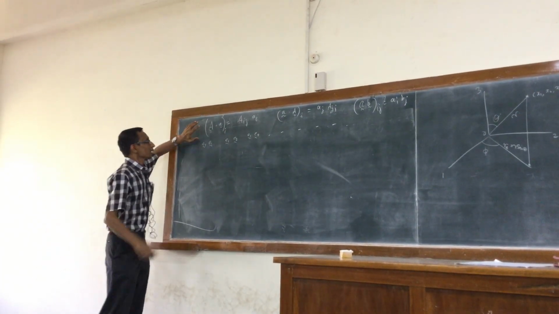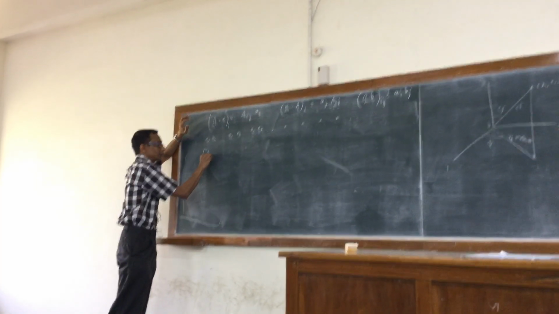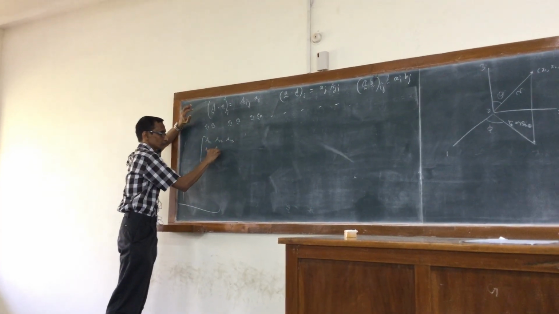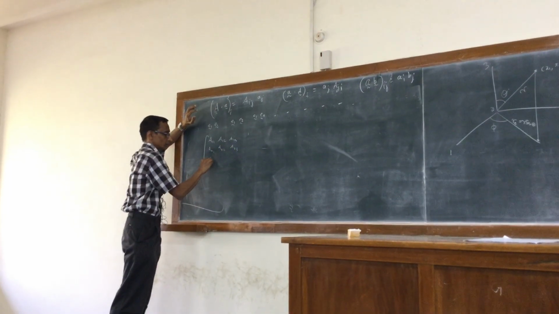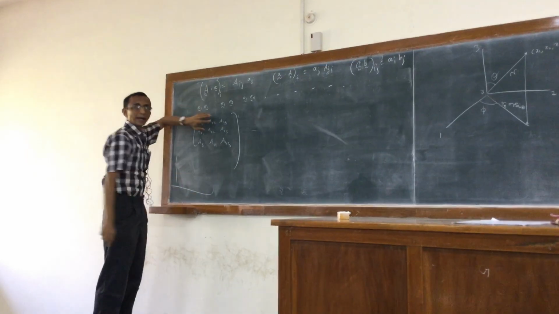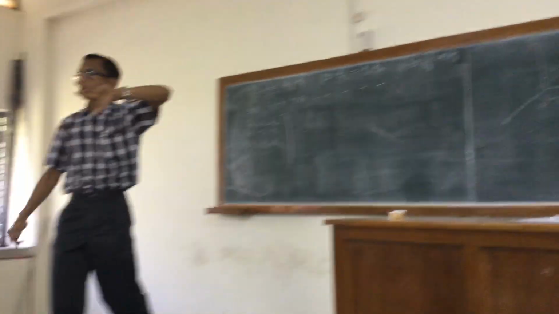So if I have, for instance, a 3 by 3 matrix and I want to write it in terms of the unit tensors, this is what I mean.